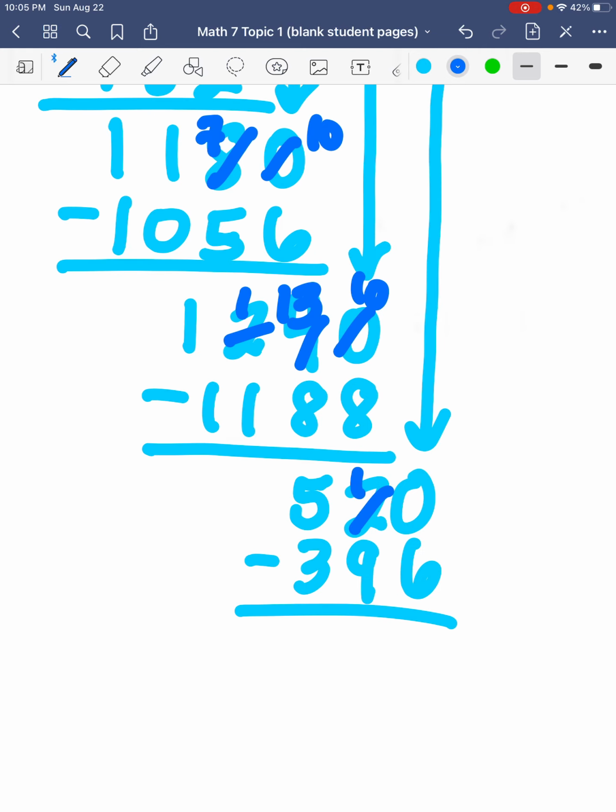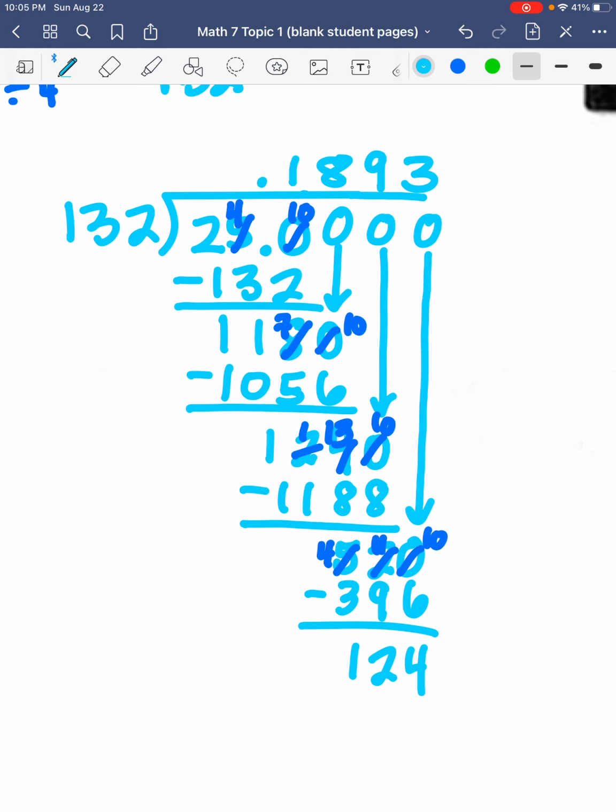So that's going to become a 1. That's a 10. 10 minus 6 is 4. Now 1 minus 9 does not work, so that becomes a 4. That's an 11. 11 minus 9 is 2. 4 minus 3 is 1. So I have 124. And I feel like that is familiar.